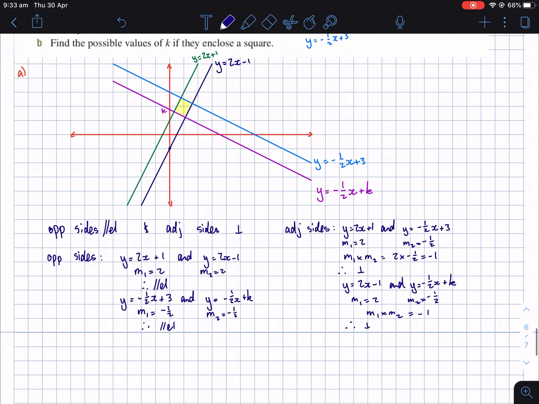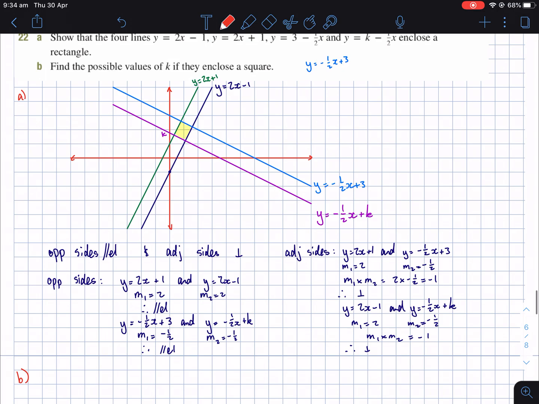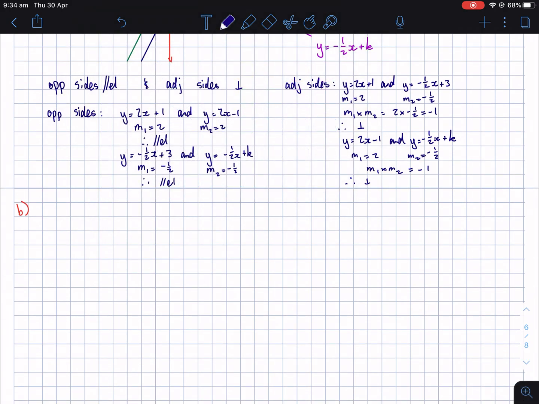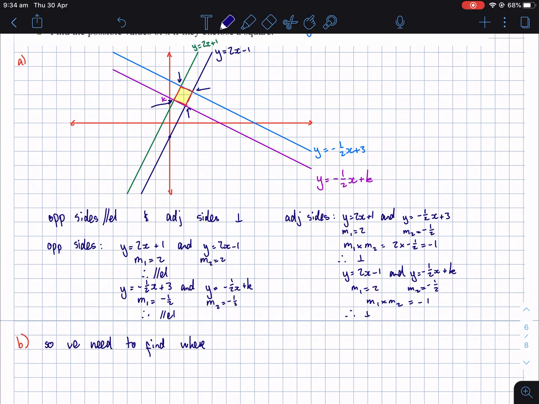B, find the possible values of k if they enclose a square. So if it's a square, that means this side, this side, this side, and this side have the same length. So we need to find these points. We need to find where 2x plus 1 intersects with negative half x plus 3.